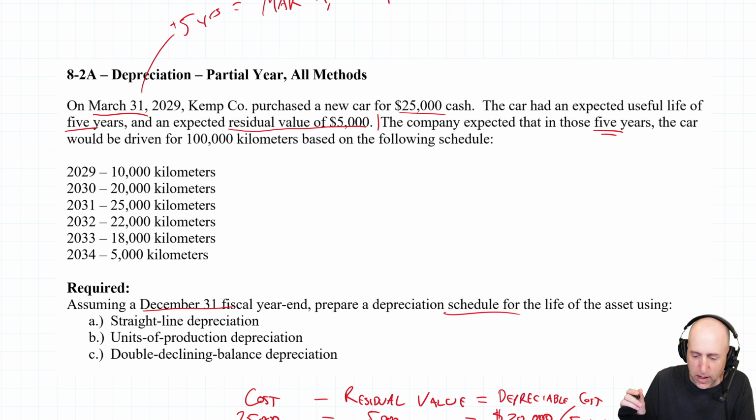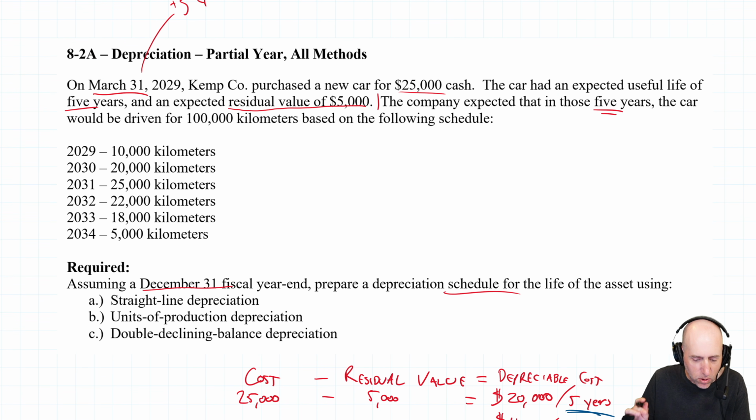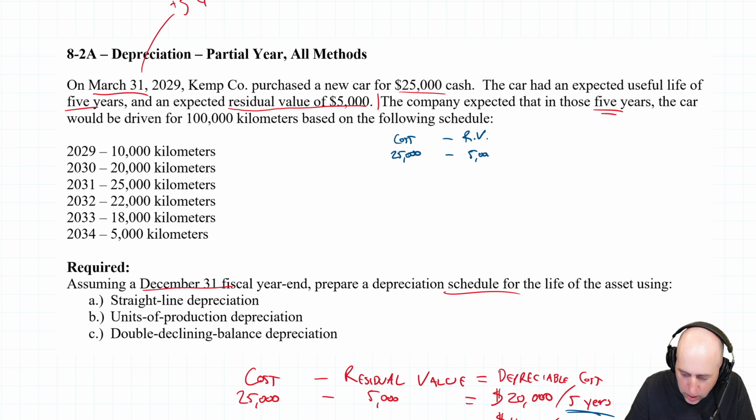Units of production says depreciate not based on years, depreciate based on usage. And in this case, how do you measure a car's usage? Kilometers or mileage. So exact same starting point though. The cost of our asset under units of production, which I'll do in blue ink here, minus the residual value, gives us a depreciable cost of $20,000.